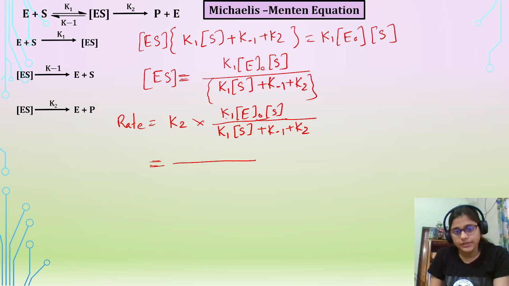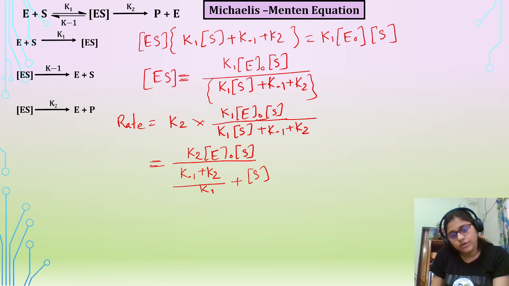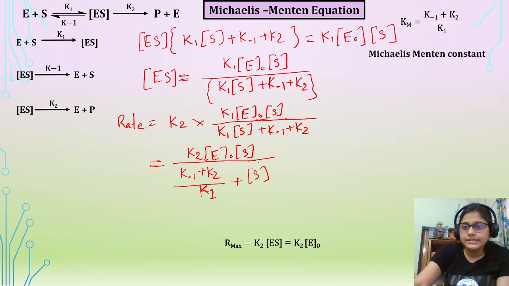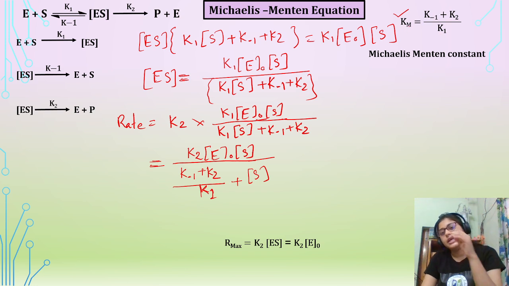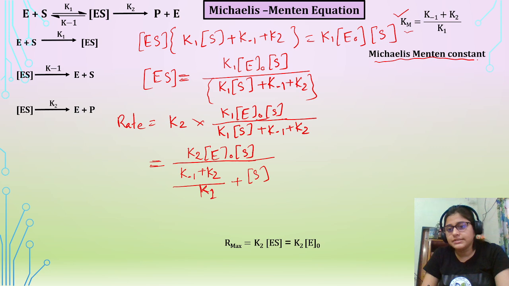So K2 E0 and S will be in the numerator. In the denominator it will be K inverse plus K2 divided by K1, and since the K1 term multiplies S, K1 will cancel and we can just write S. Now this K inverse plus K2 divided by K1 we can equate with Km, which is the Michaelis-Menten constant.